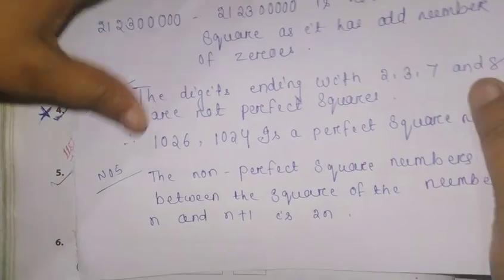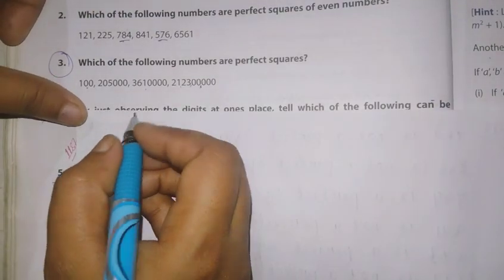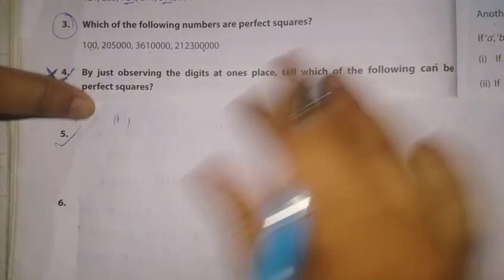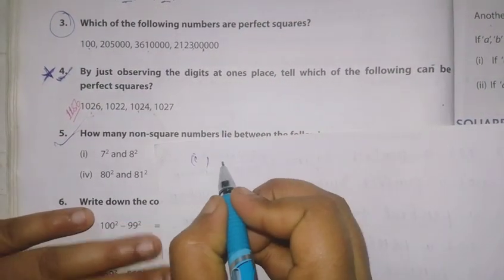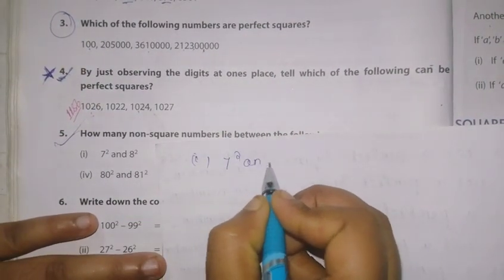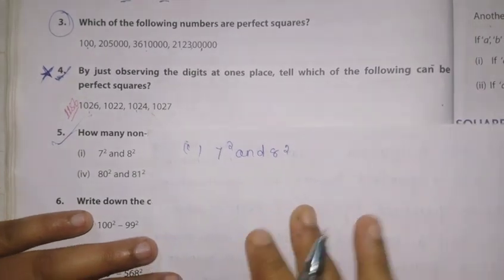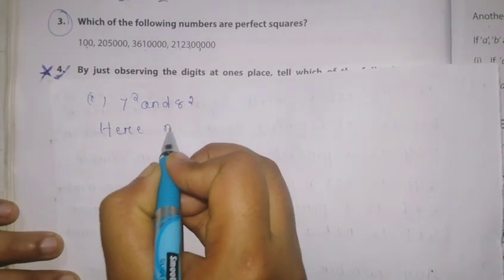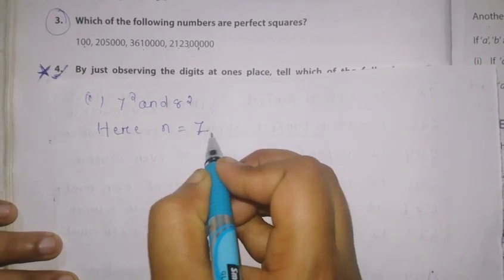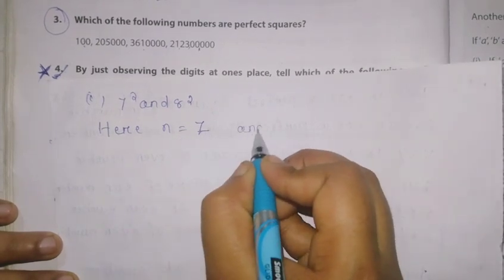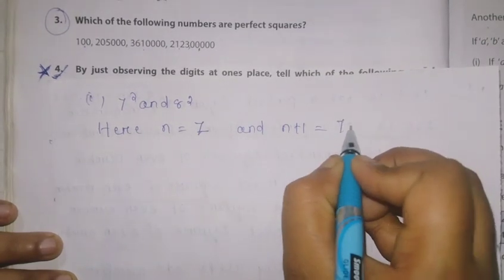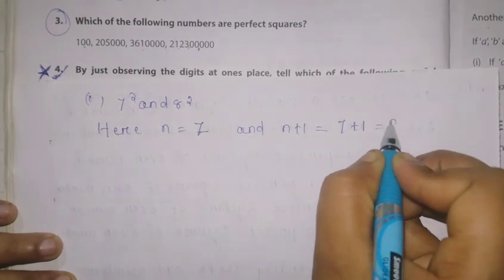So first, 7 square and 8 square. Here n equals 7 and n plus 1 equals 7 plus 1 equals 8.